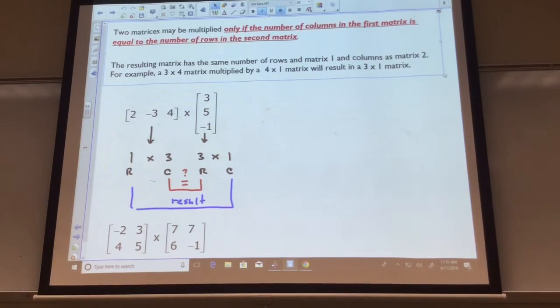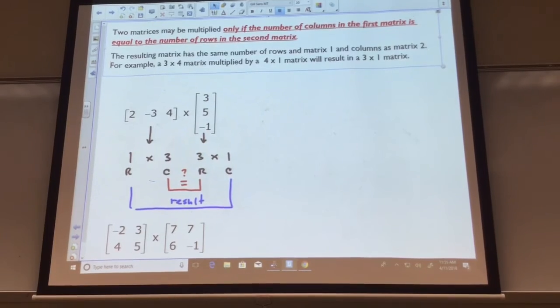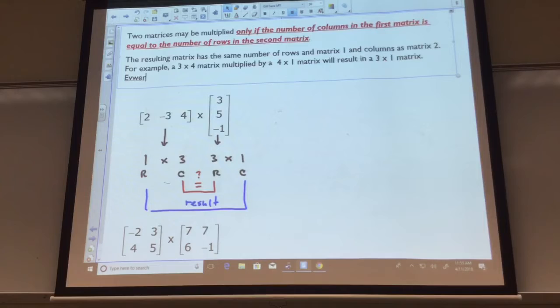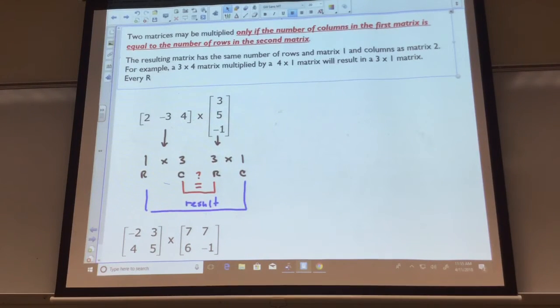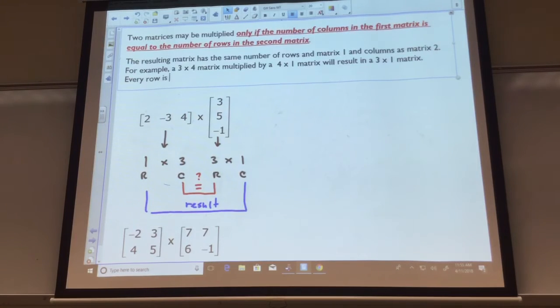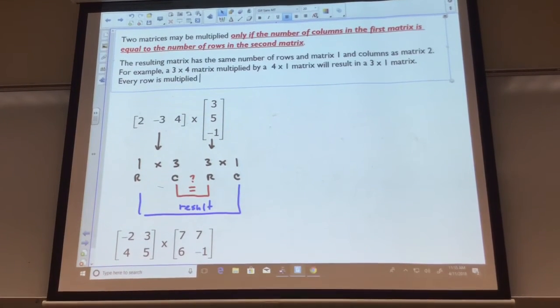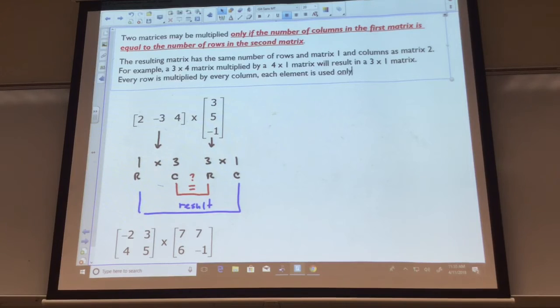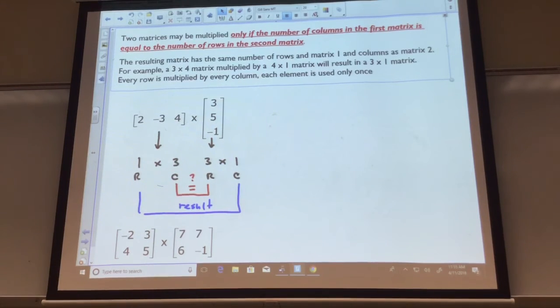So let me come back and put that into an actual statement. The process: every row is multiplied by every column. Each element is used only once.